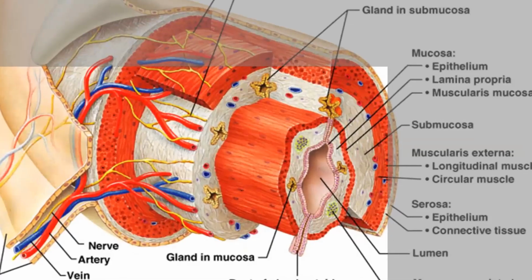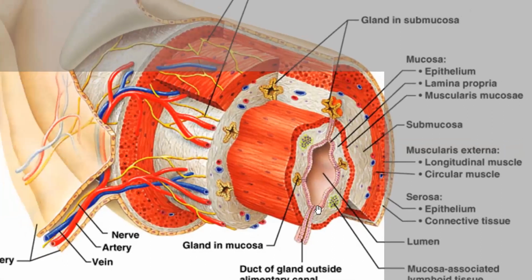So if you see these lining cells, these are simple columnar epithelial cells. This layer is called the mucosa layer. Mucosa layer, that's the deepest layer lining the cavity, right here.